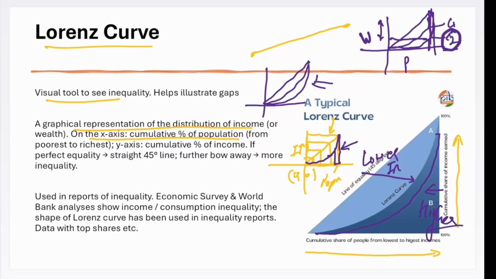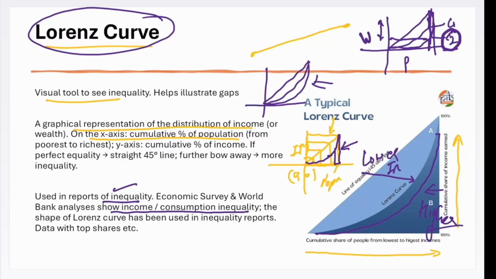This is a very important concept, and this is what is called a Lorenz curve. It is used in reports on inequality, mostly by the World Bank and IMF. The Economic Survey and World Bank analysis show how income and consumption inequality is reflected, and the shape of the Lorenz curve has been used in inequality reports and data with top shares, etc. So this is what we understand with the Lorenz curve.